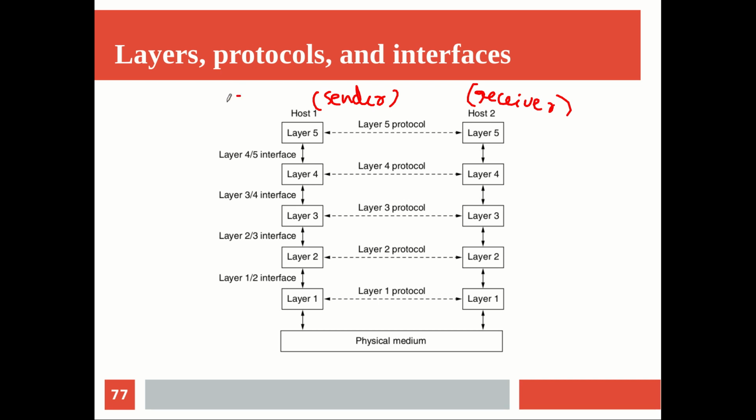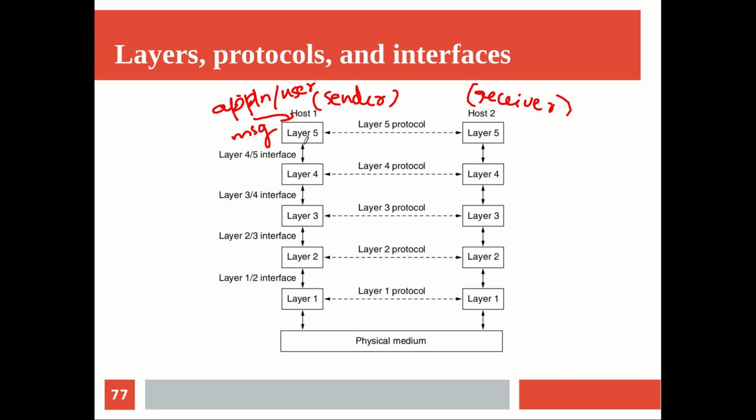Let me call it the application, with which the user is in direct contact. The user using an application generates something called a message. Message is the name we give to that information which he is trying to communicate to the other one. It can be an email message, a text, or an image, whatever it is.